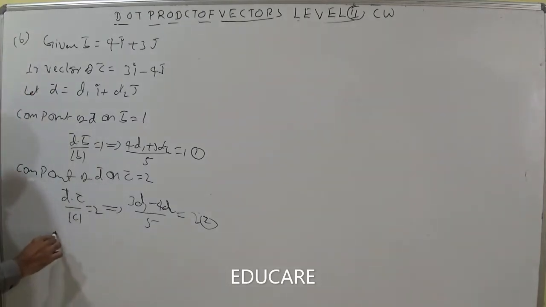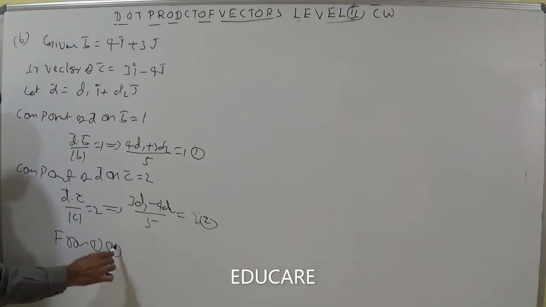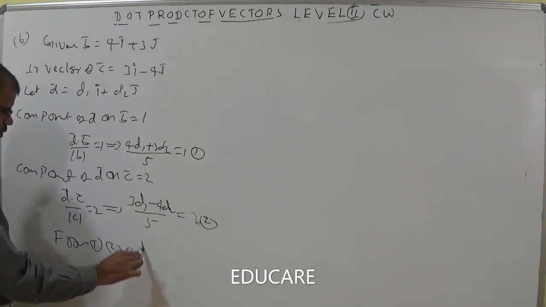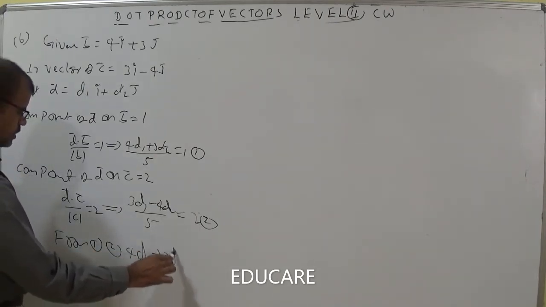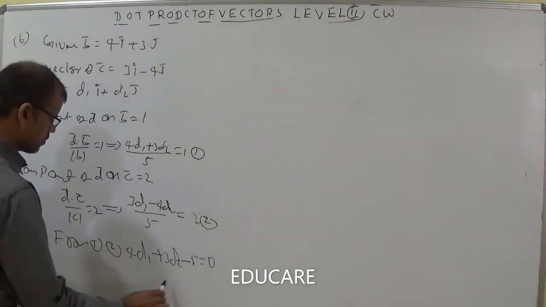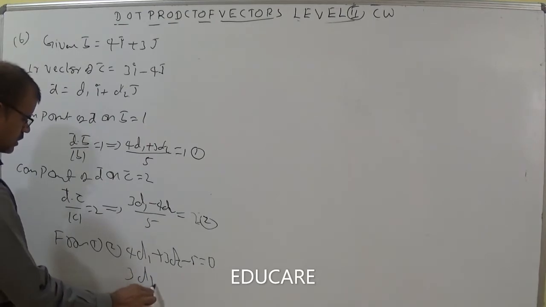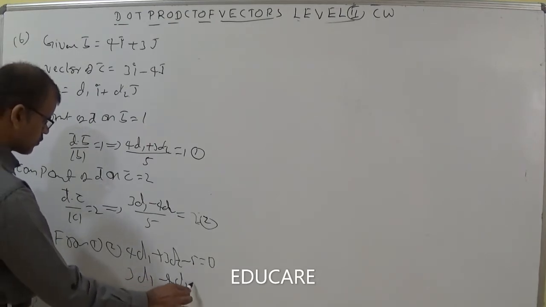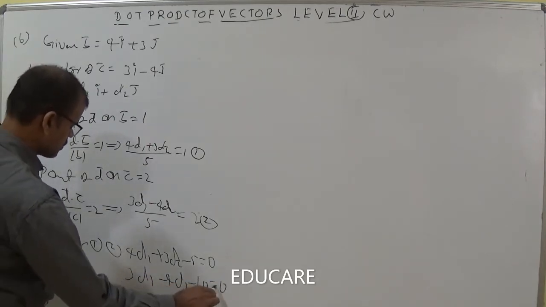From 1 and 2 we should solve. From 1 and 2 we get 4D1 plus 3D2 equal to minus 5, and 3D1 minus 4D2 minus 10 equal to 0.